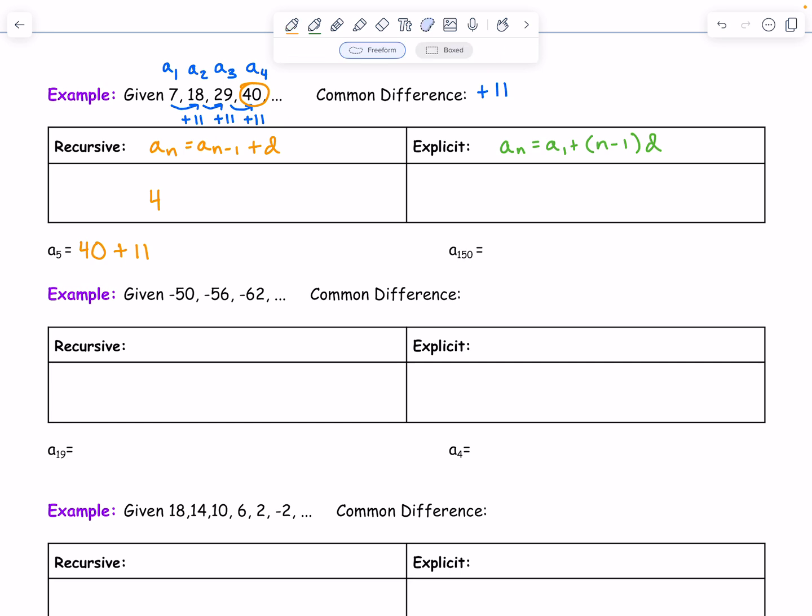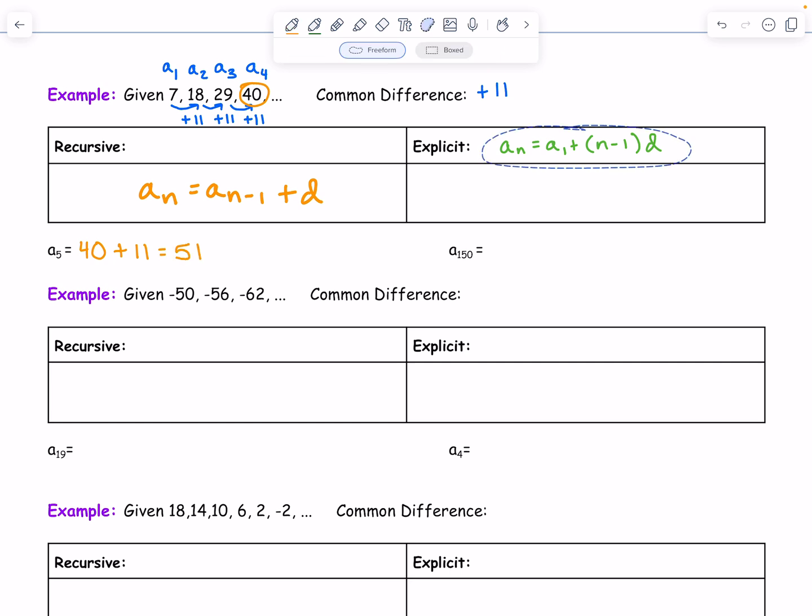I'm trying to make sure I manage my space here. This formula we can make nice and big and add it to this box right here, because I have all the room I need underneath to say a sub 5, the 5th term in our sequence, would be 40 plus 11, which would just equal 51.